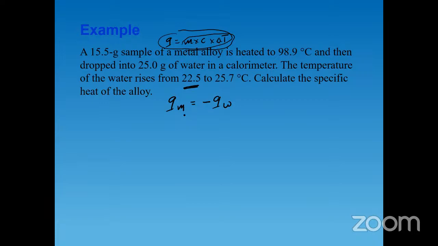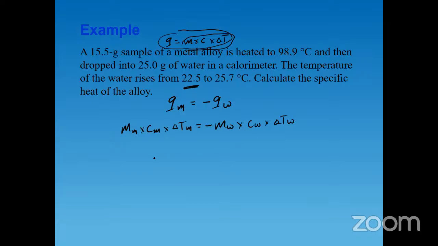The only difference is that the values would be different in terms of the specific heat and the masses and the temperature change. So for QM, I'm going to write the mass of the metal times the specific heat of the metal times the change in temperature of the metal. And that's on the left side. And then on the right side, I'm going to put minus the mass of the water times the specific heat of the water times the temperature change of the water, all right?